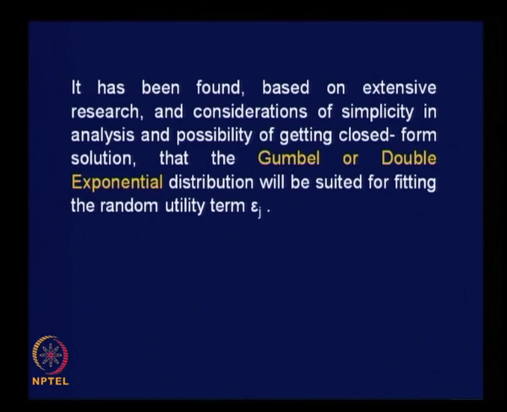Considerations of simplicity in analysis and possibility of getting closed form solution, that the Gumbel or double exponential distribution will be suited for fitting the random utility term epsilon j, that was a finding. So our subsequent discussions are going to be on the assumption that epsilon j will follow double exponential or Gumbel distribution, right.